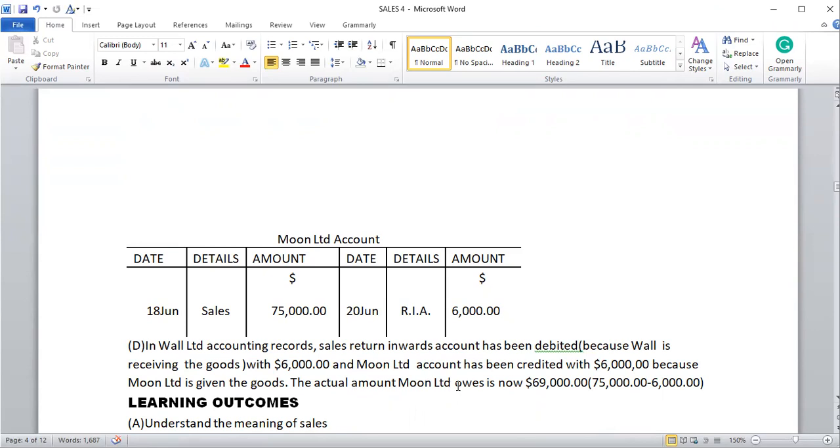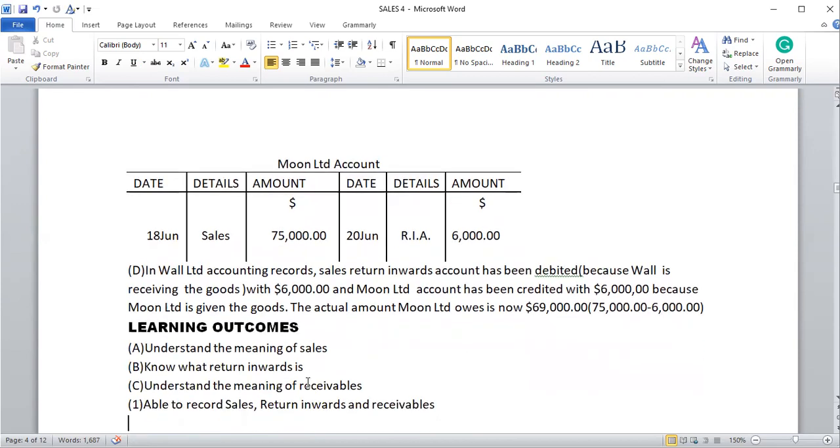The actual amount Moon Limited owes is now $69,000, because initially World Limited sold $75,000 worth of goods to him, but he returned $6,000. So when you deduct $6,000 from $75,000, the amount Moon Limited is now owing World Limited is $69,000.